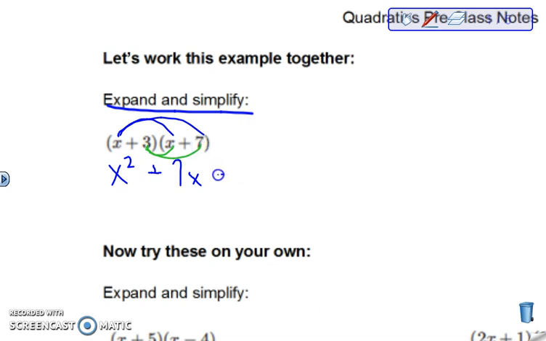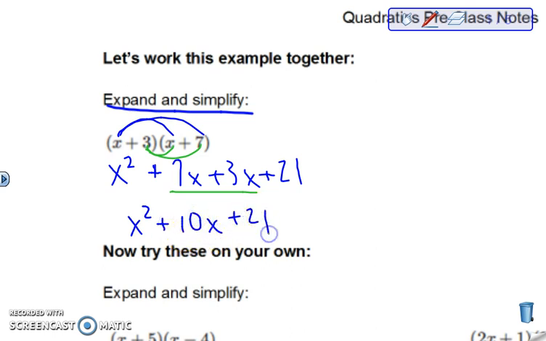So 3 times x, 3x, 3 times 7, 21. Alright, and so from here, all we're going to do is clean it up. So my like terms, 7x and 3x, would give me 10x, and then we're done.